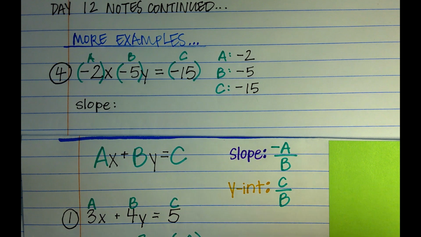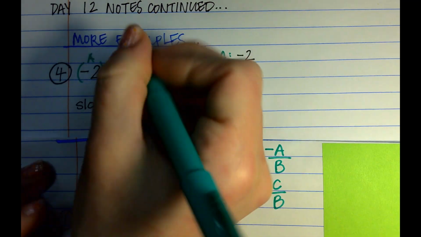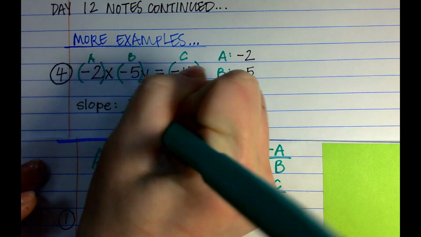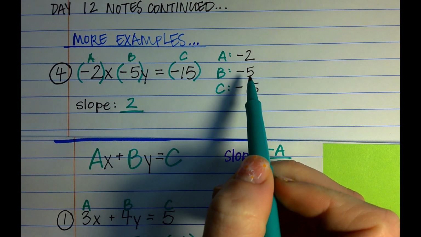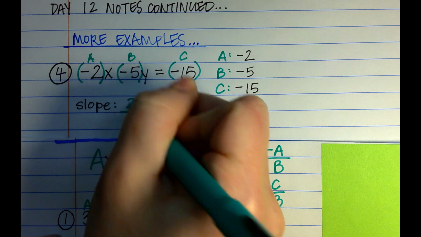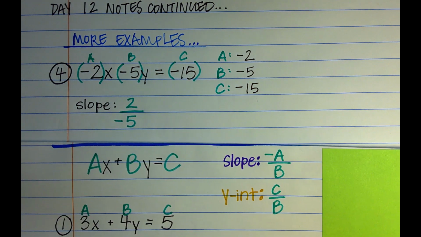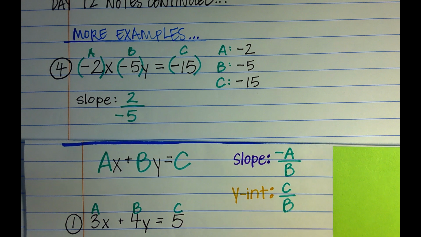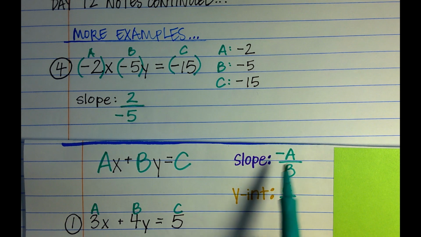We've got negative 2 that does turn into positive 2 over B. What's our B? Negative 5. So it's going to be 2 over negative 5. So the only one that we would change is going to be the A.